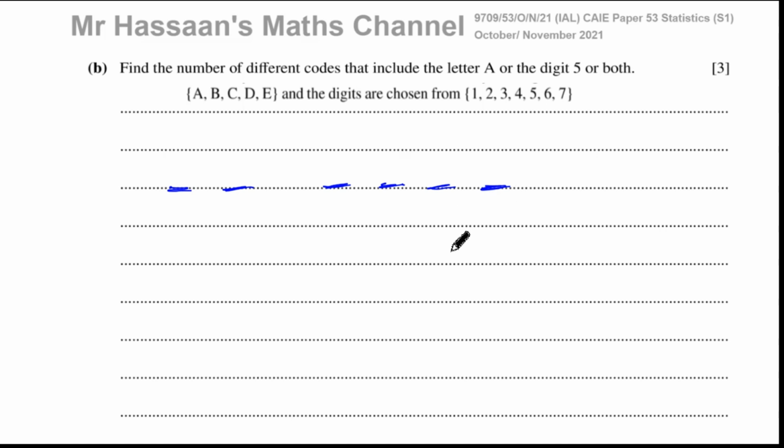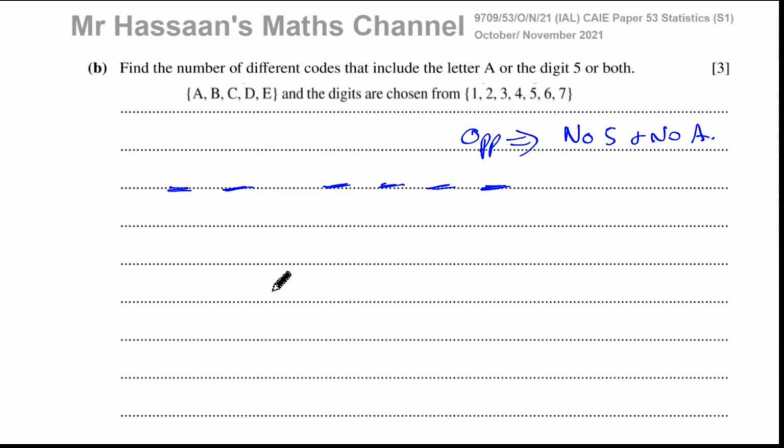So what is the opposite of letter A or the digit 5 or both? The opposite is no 5 and no A. All the other possibilities will include either an A or a 5 or both.